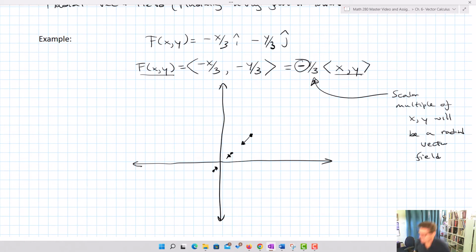By the way, one other thing that we can look at here, because this is a simple vector field, is we can get the magnitude, right?